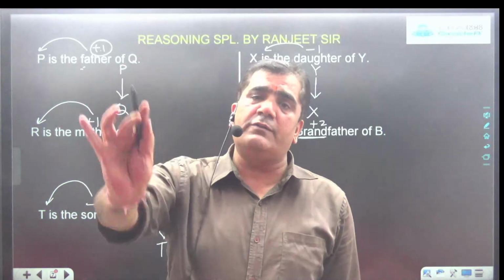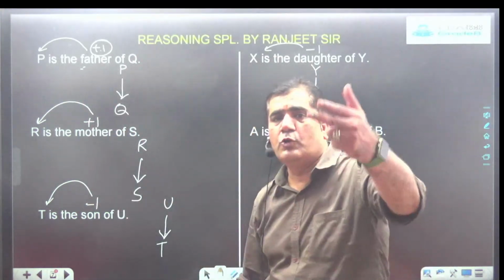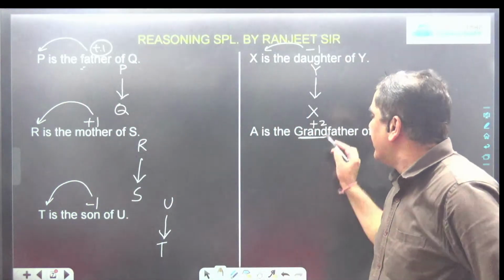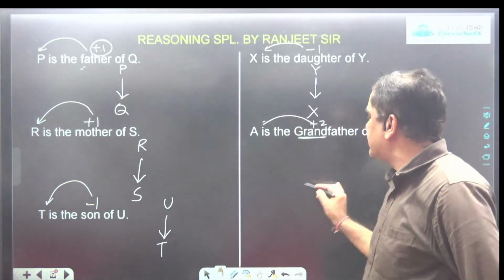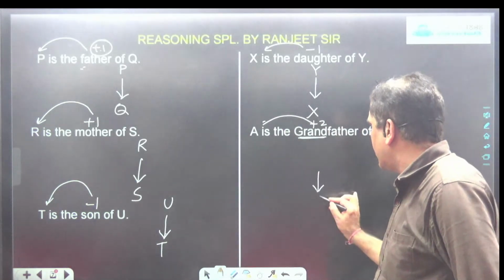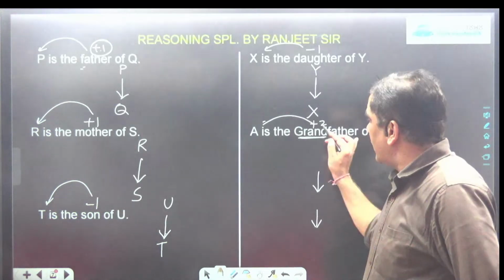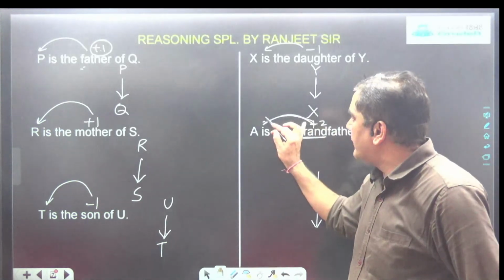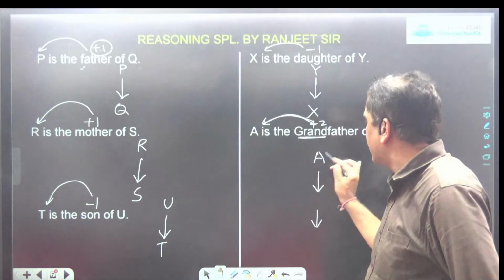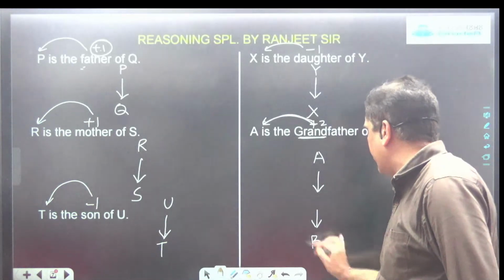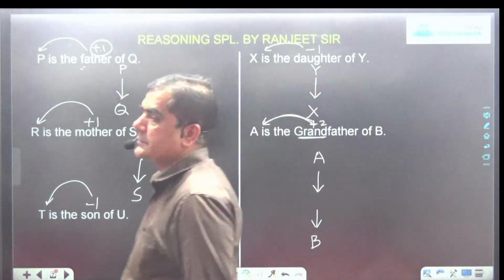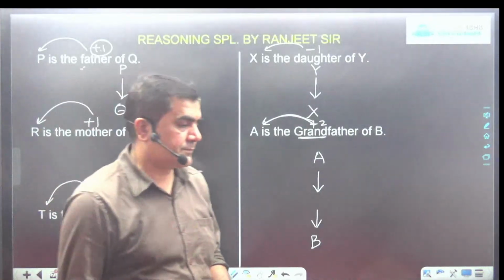But grand always stands for a gap of 2 generations. +2 means a gap of 2 arrows. Plus means top. So who will be on the top? A. So A will be over here, followed by B. B will be over here. Clear?